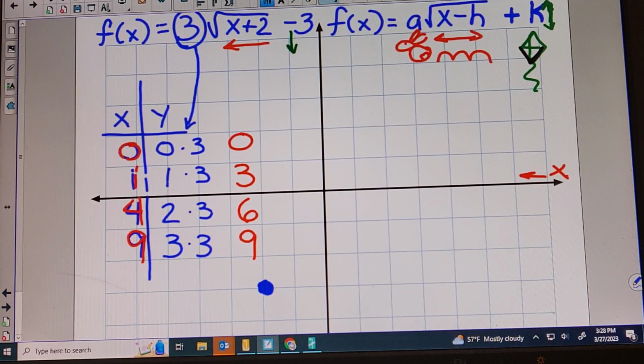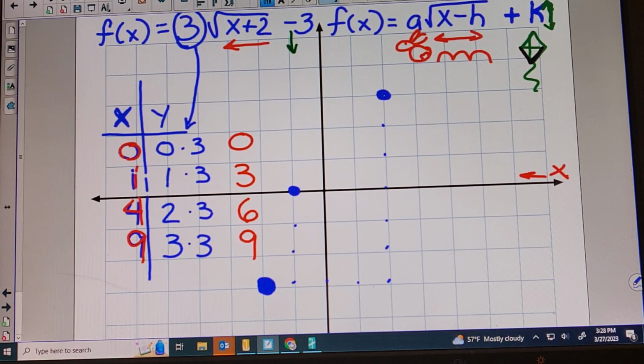We're going to go over 1 on the x. We'll go over 1 and then up 3. Over 1, up 3, and put a dot. Then I go back to my origin. I go over 4, 1, 2, 3, 4, and up 6. 1, 2, 3, 4, 5, 6.